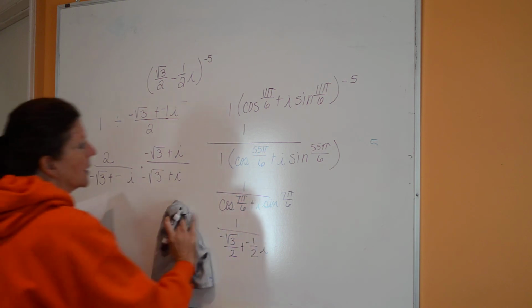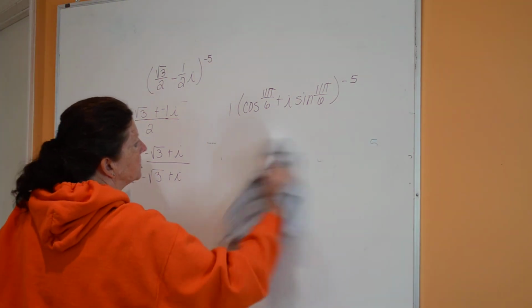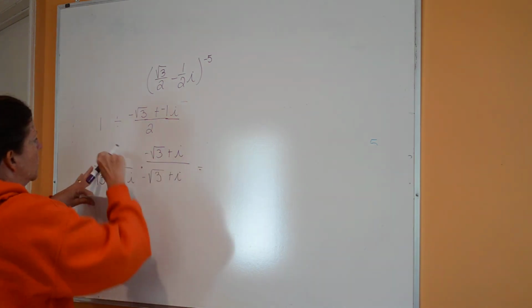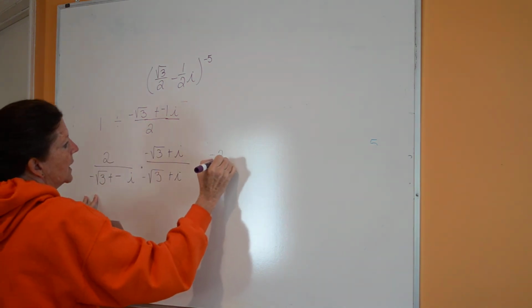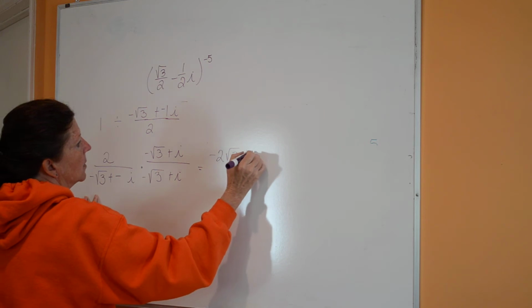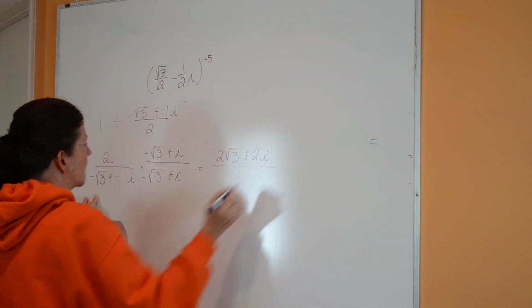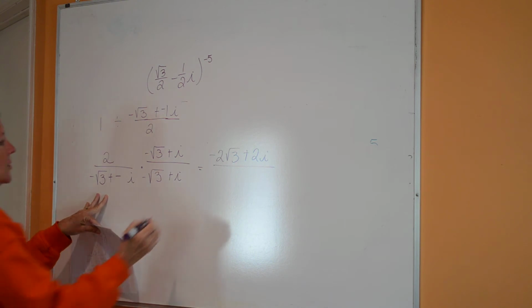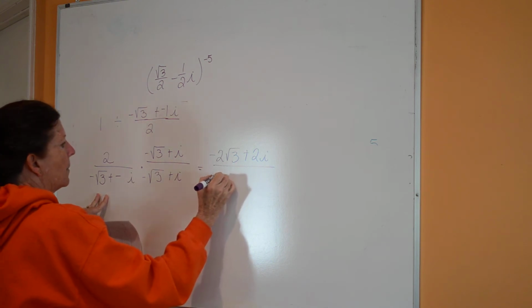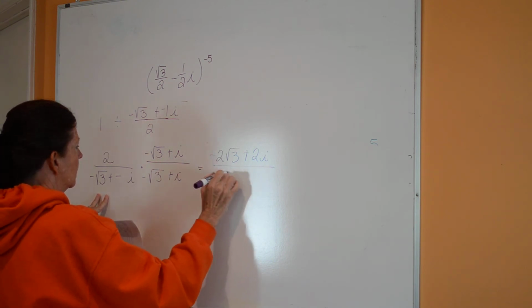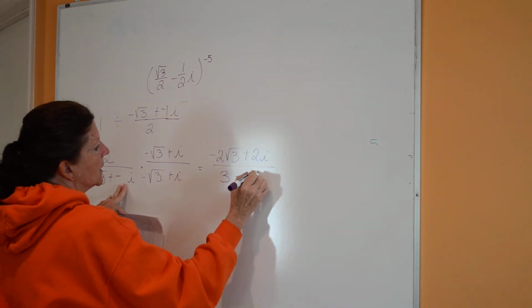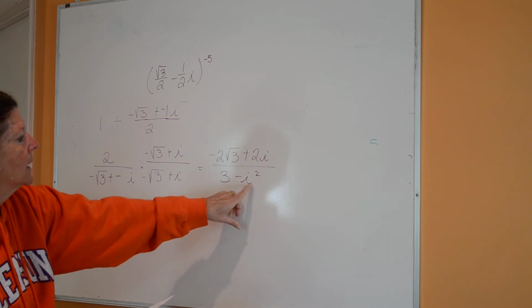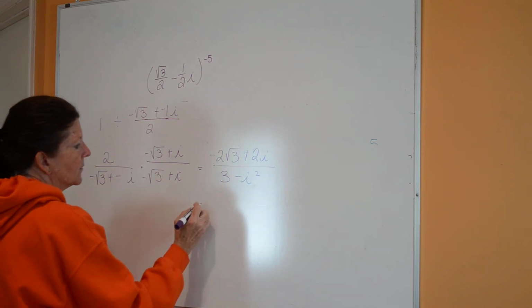I'm going to erase this so I can multiply this out. So I'm going to distribute. I have a negative 2 square root of 3 plus 2i on the top. And on the bottom, I can do first and last because they're conjugates. So this is going to be a positive 3 minus i squared. Remember, you can't leave anything with an i squared. So that's minus a negative 1, or that's 4 on the bottom.